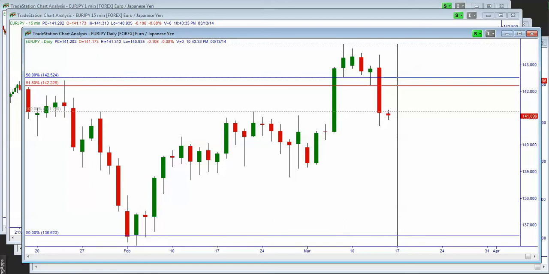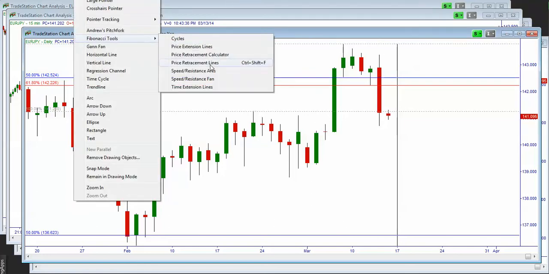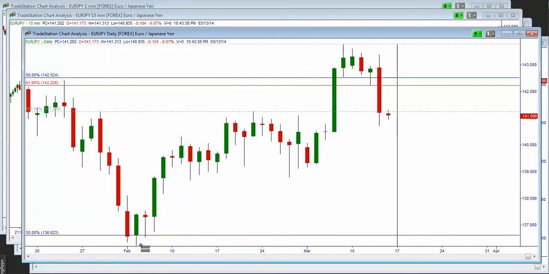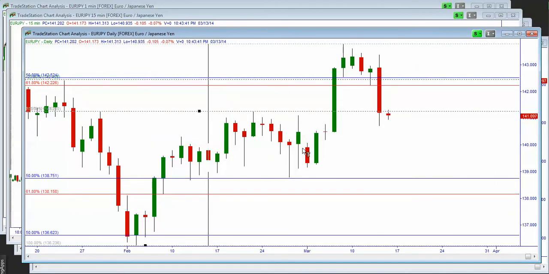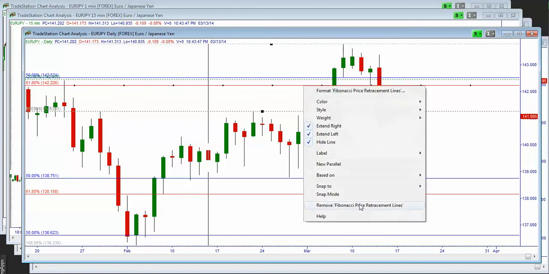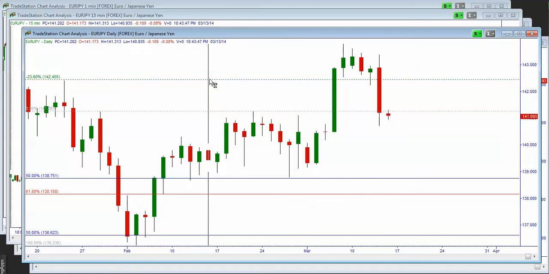Where this market is going now, you will remember we had a sequence of measured moves here. The first one was support at 138.75, which worked really well and brought price into 142.45.